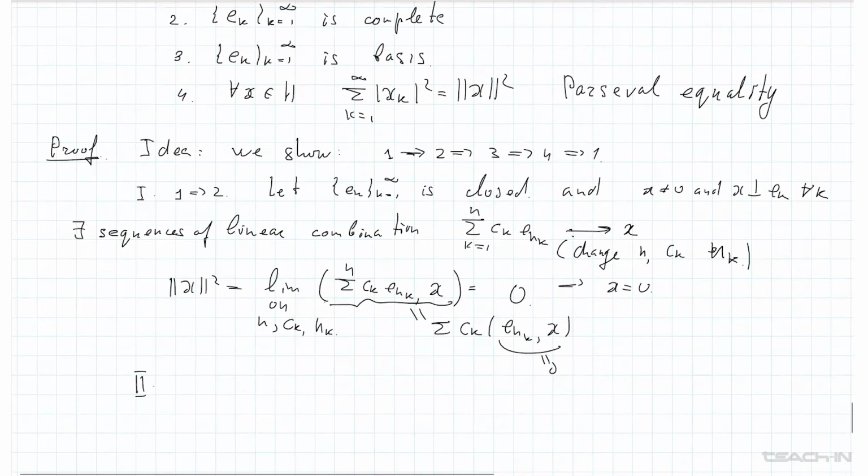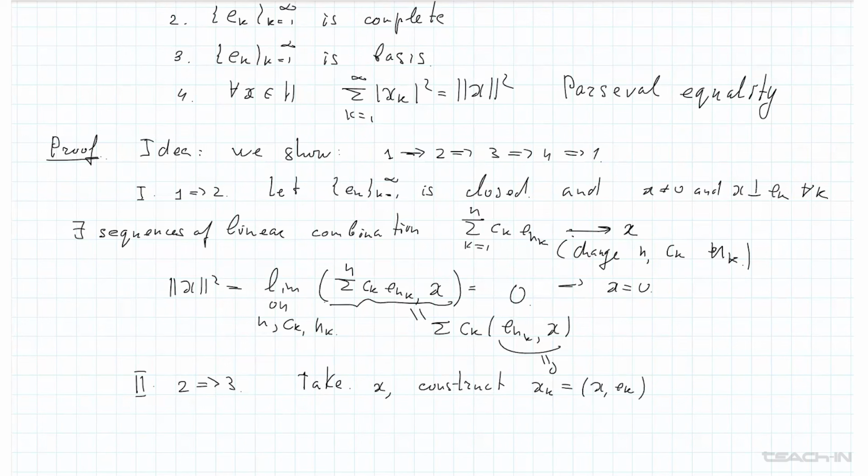So the second step, from 2 to 3. Why is it a basis? So take x. Of course, any orthogonal system is linearly independent. Yes, take x, construct Fourier coefficients x_k equals the scalar product of x and e_k, and then consider the sum.